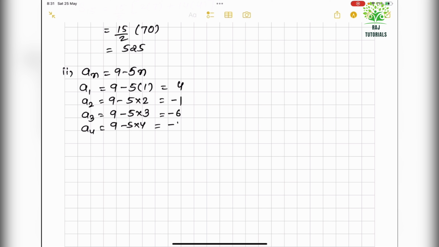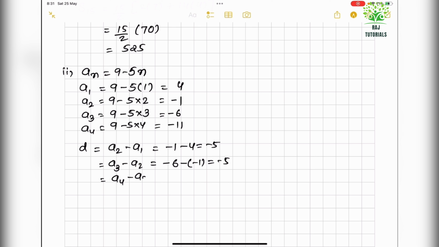so minus 11. So if I want to find d, a2 minus a1, minus 1 minus 4, that is minus 5. A3 minus a2, that will be minus 6 minus of minus 1, so minus 5.